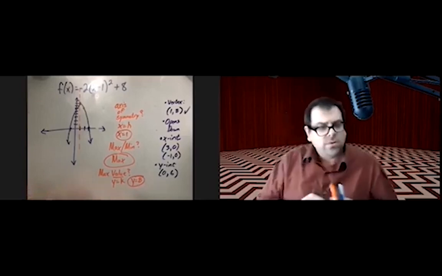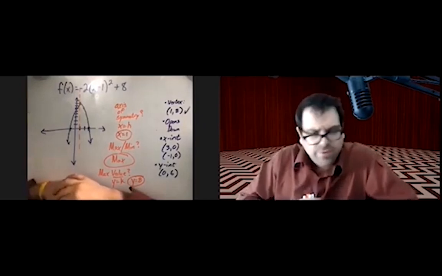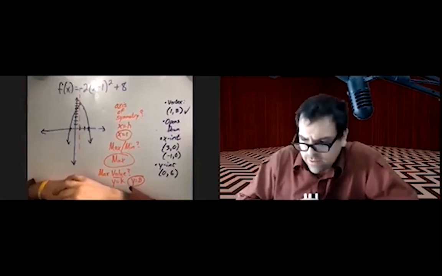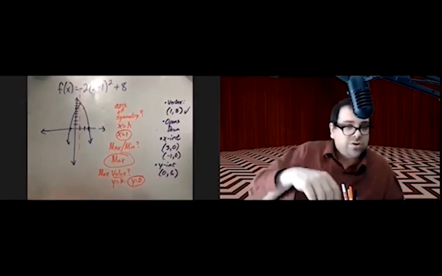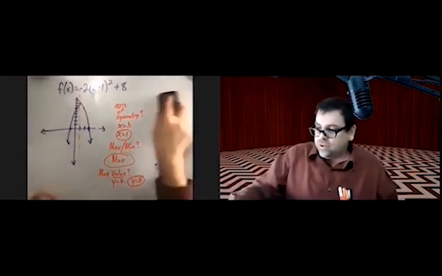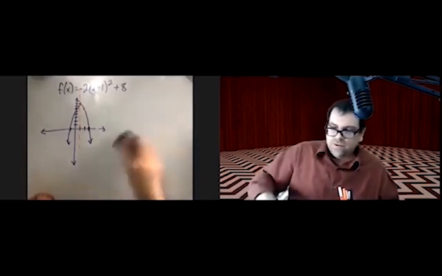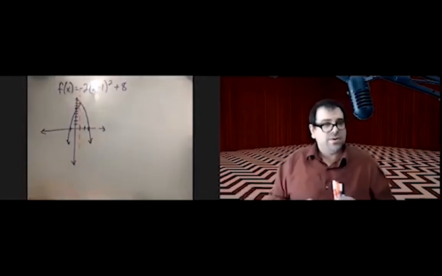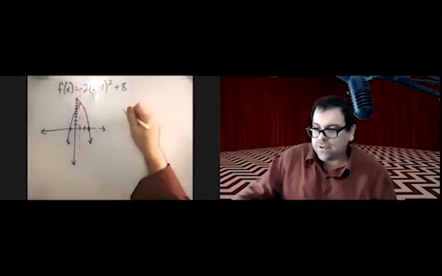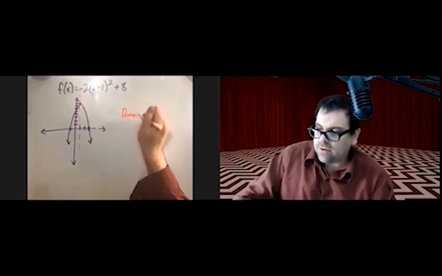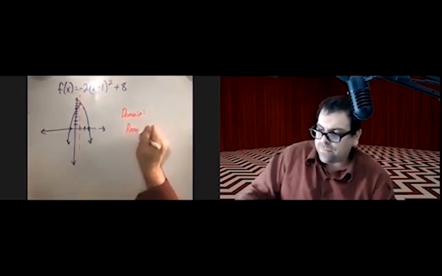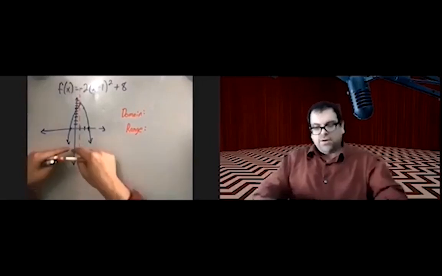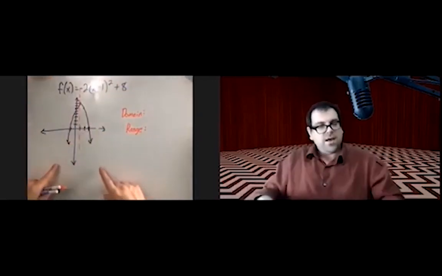And what do we call what we can have for our x and what we can have for our y? We call that domain and range. So the last two questions about this parabola, we're still on that vertex form, are domain and range. Well, for domain, all parabolas are either going to open up or they're going to open down.